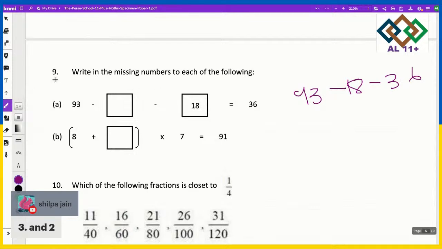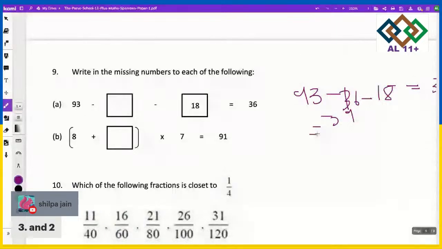So 36 would come first, sorry, because you do it according to the largest to the smallest one. 93 minus 36 minus 18 gives you 39. So we know that is 39.